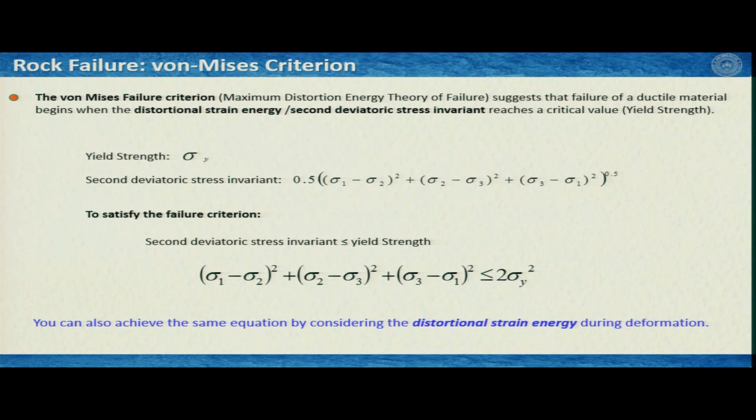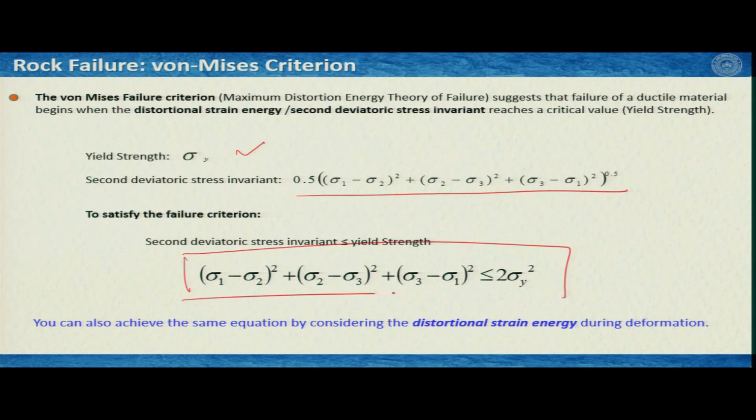Now, if yield strength is sigma y and the second stress invariant is something like that, then the von Mises failure criterion is expressed in this way. You can also achieve a similar equation using distortional strain energy, but we are not going into that part right now.